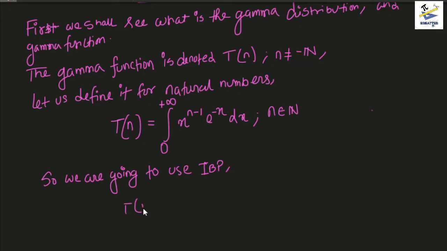So gamma of n equals the integral from 0 to positive infinity of x to the power n minus 1 e to the power minus x dx. And you remember from our ILATE rule that algebraic functions, the one that stands for A, comes first, and then at the end comes E, which stands for exponential functions, right? So this would be function 1 and this would be function 2.